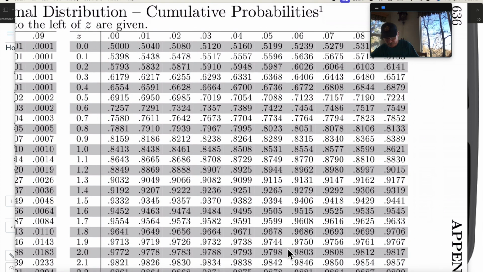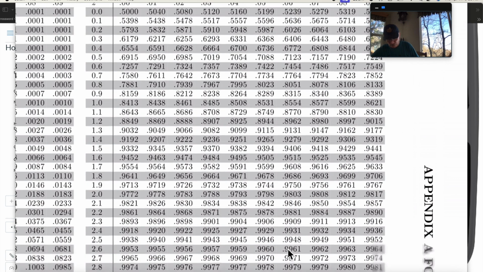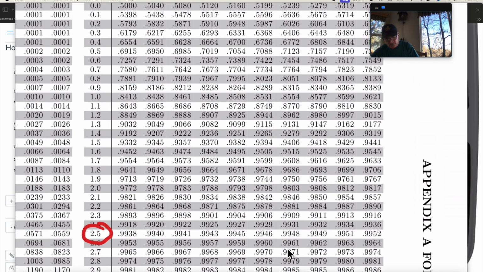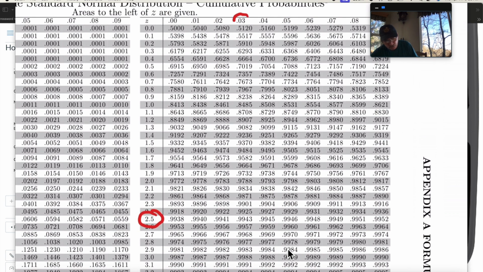Okay, so, and I think I'll just write directly on this. 2.5 is right here, and 0.03 up there. So that probability is 0.9943. Okay, and I think I'll go ahead and somehow denote that. 0.9943 is the total area.